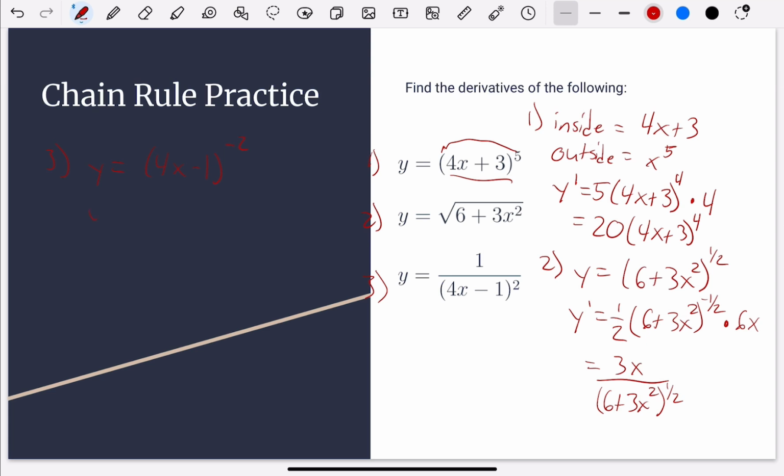And then again, I just apply my chain rule. So I bring my negative 2 out front, copy the inside, and then I multiply by the derivative of the inside, which is 4. And so I end up with negative 8 over 4x minus 1 to the 3rd.